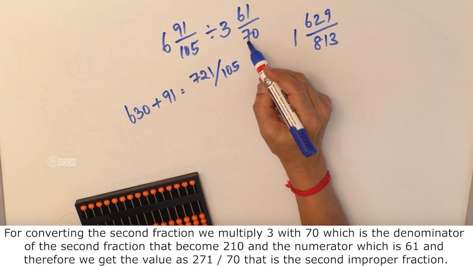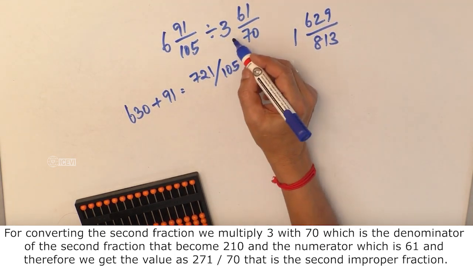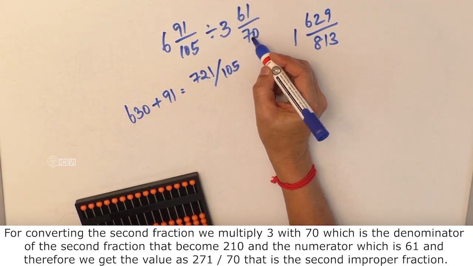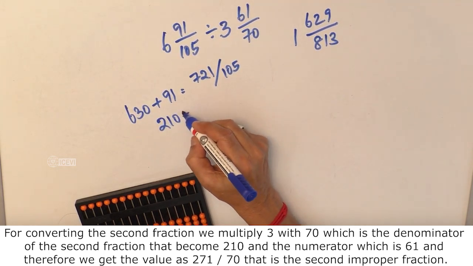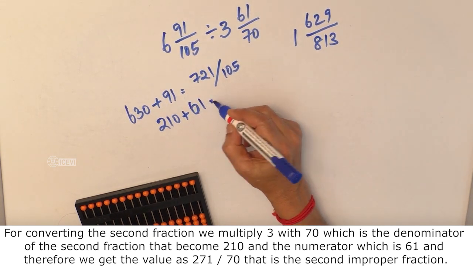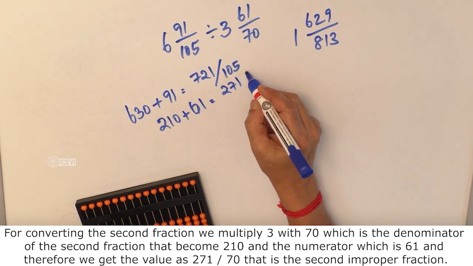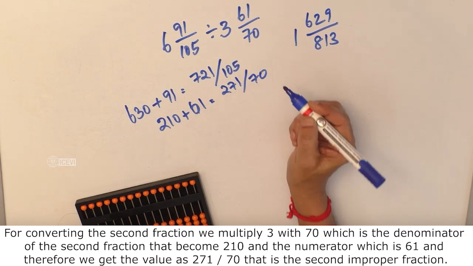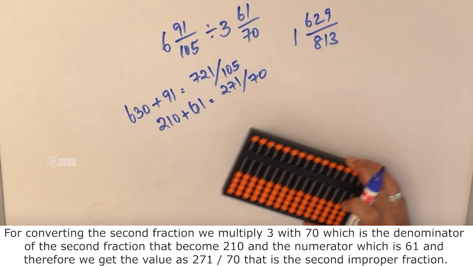For the second fraction, we multiply 3 with 70, the denominator of the second fraction. That becomes 210. We add the numerator, which is 61, and therefore we get 271 by 70. That is the second improper fraction.